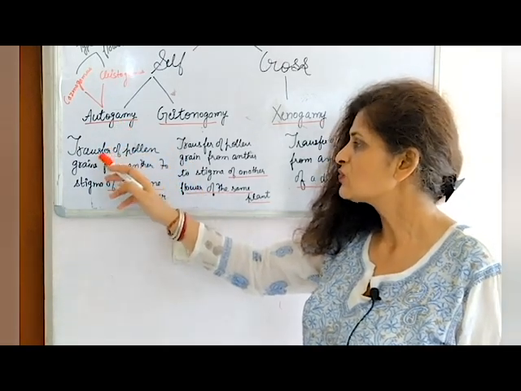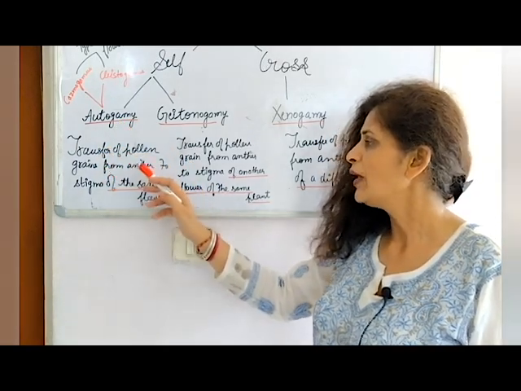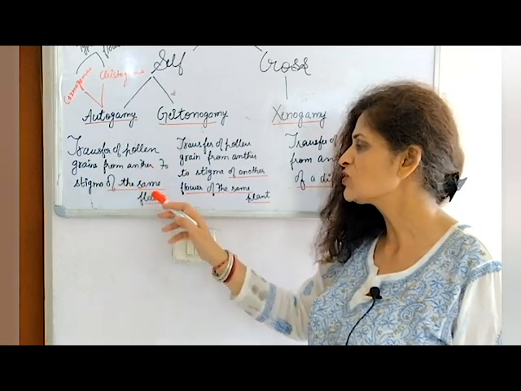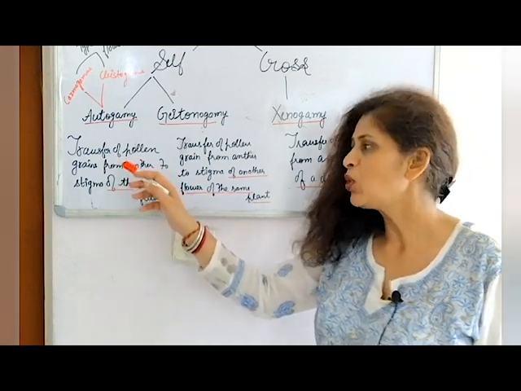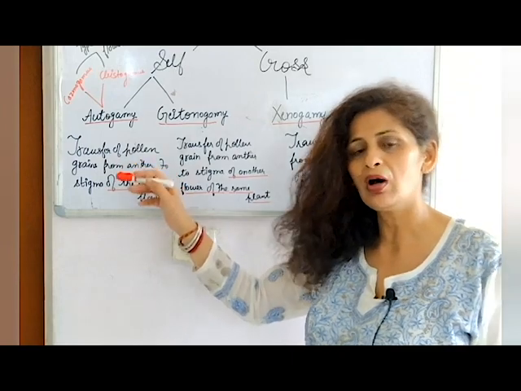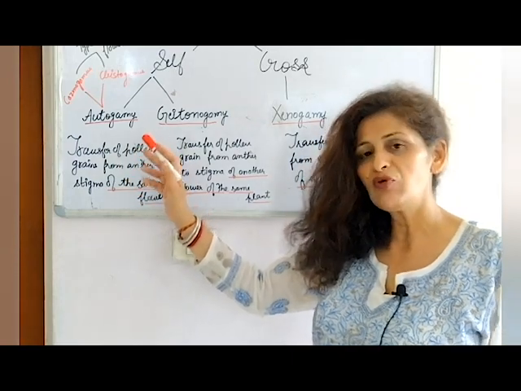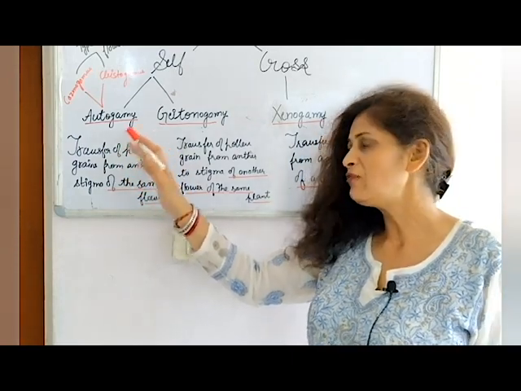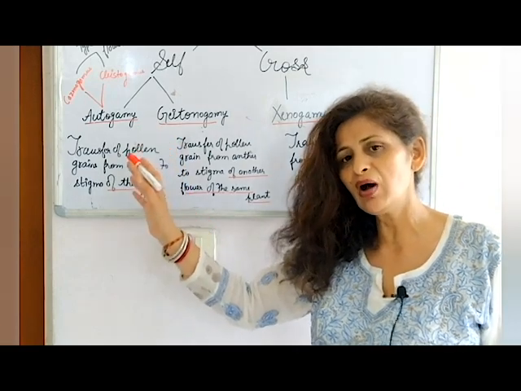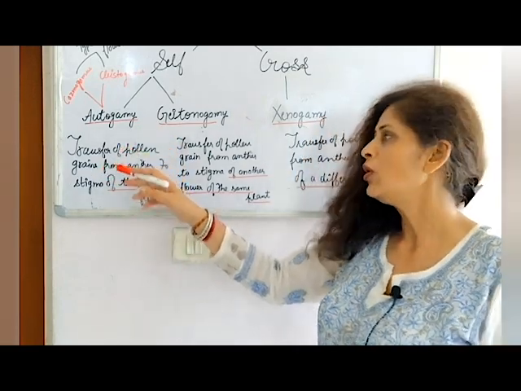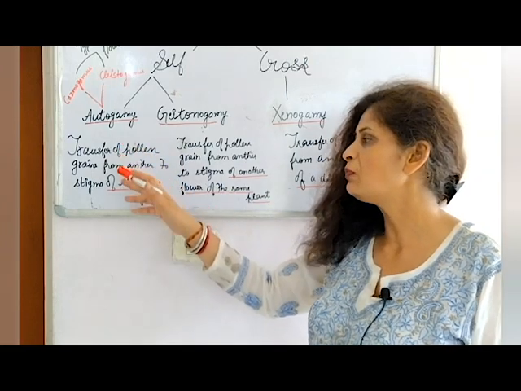Autogamy is transfer of pollen grain from anther to stigma of the same flower. Means in this, pollination occurs within the same flower, because most of the angiosperm flowers are bisexual, male and female parts are present within the same flower, so they mostly go for autogamy. Within the same flower pollination occurs.